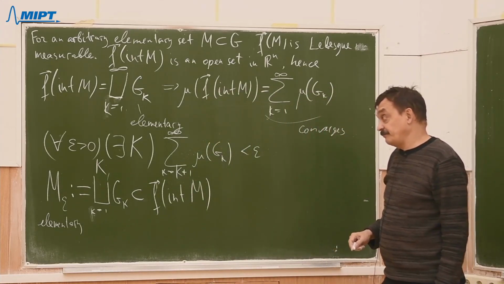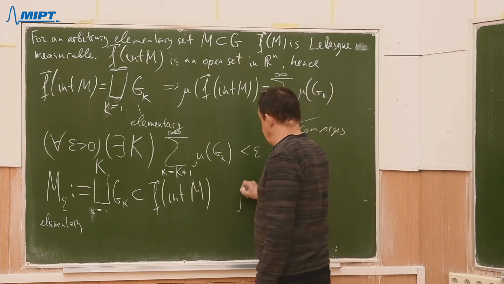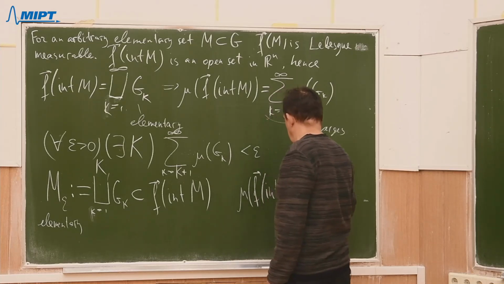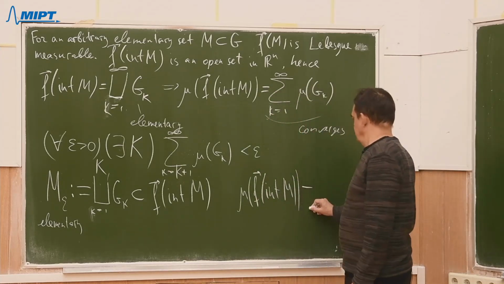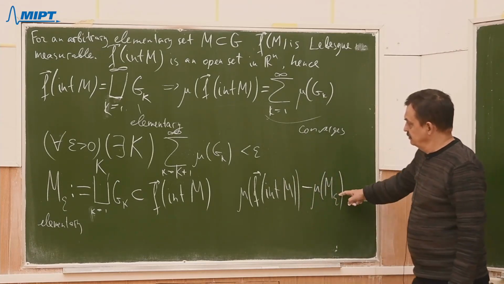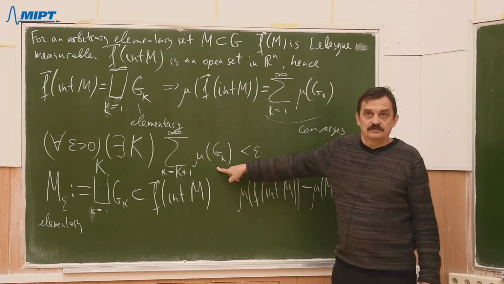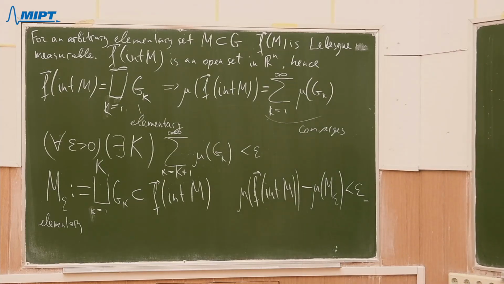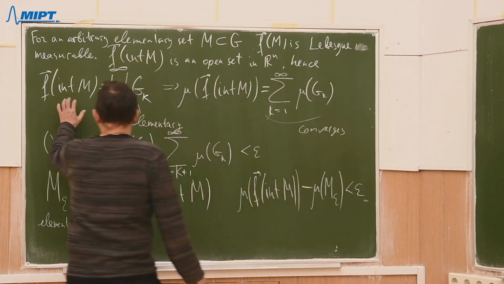And we have that the measure of this interior minus the measure, volume, doesn't matter, of this elementary set is precisely this sum, which is less than epsilon. That is a property of elementary sets.